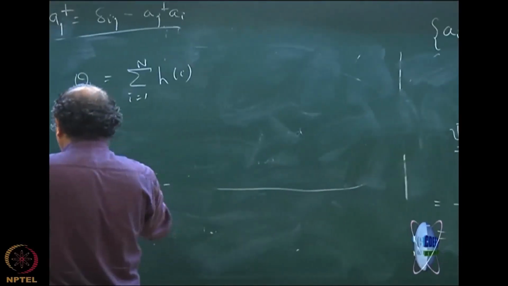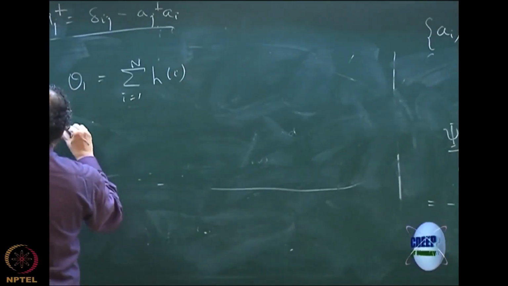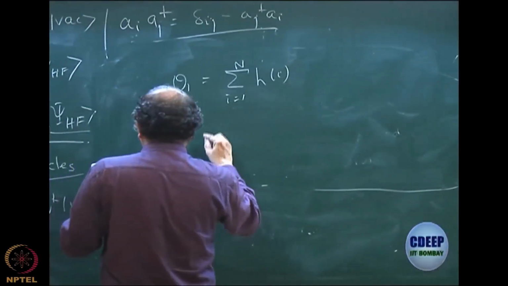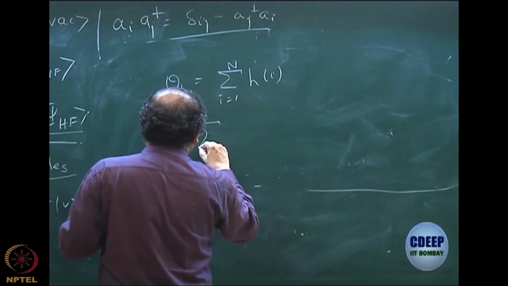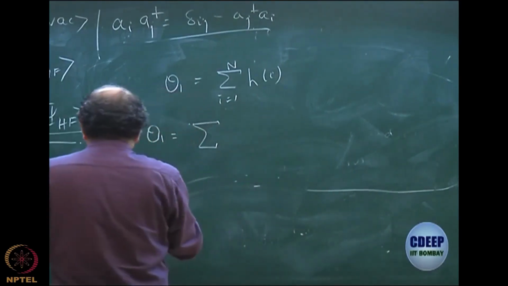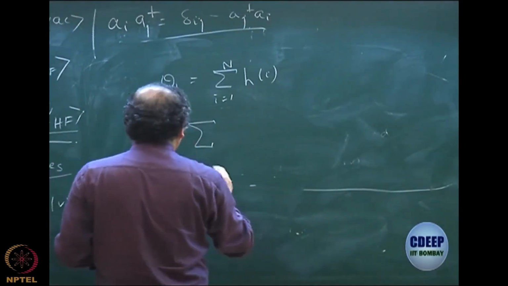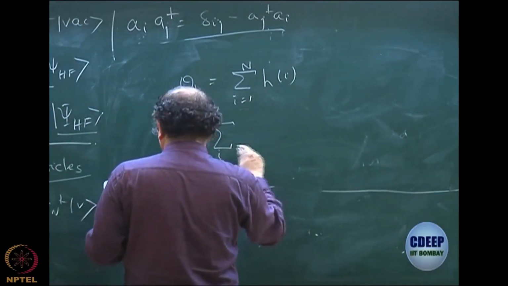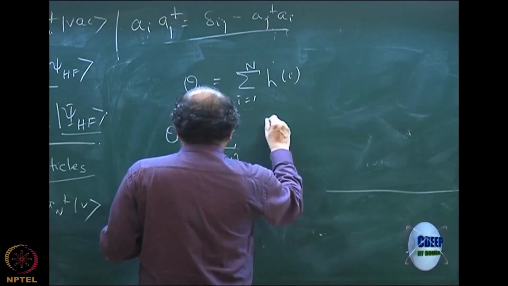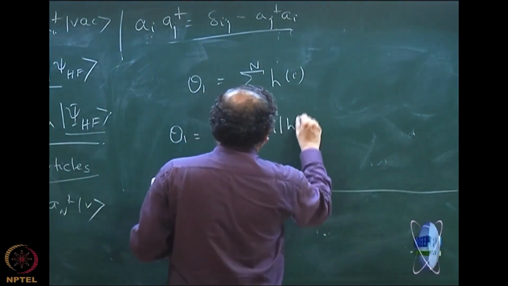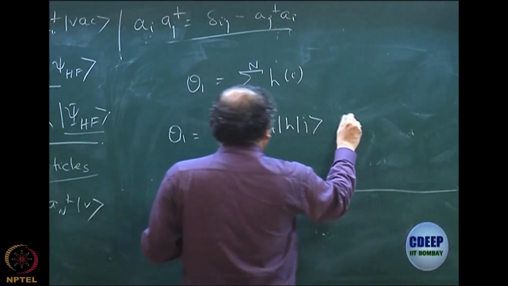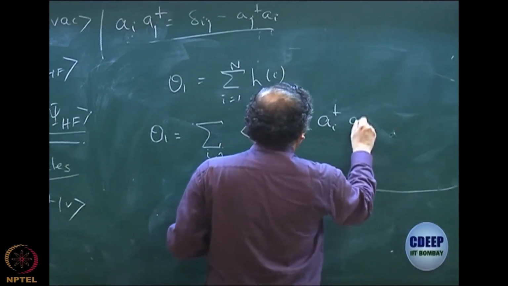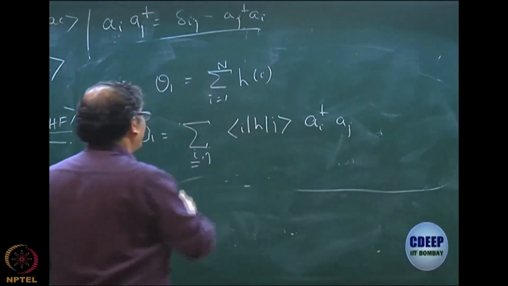Then what we are suggesting is that the expression of theta 1 in terms of the second quantization is now written in terms of the orbitals I and j, as IHJ, AI dagger AJ. Again, first annihilate, then create.